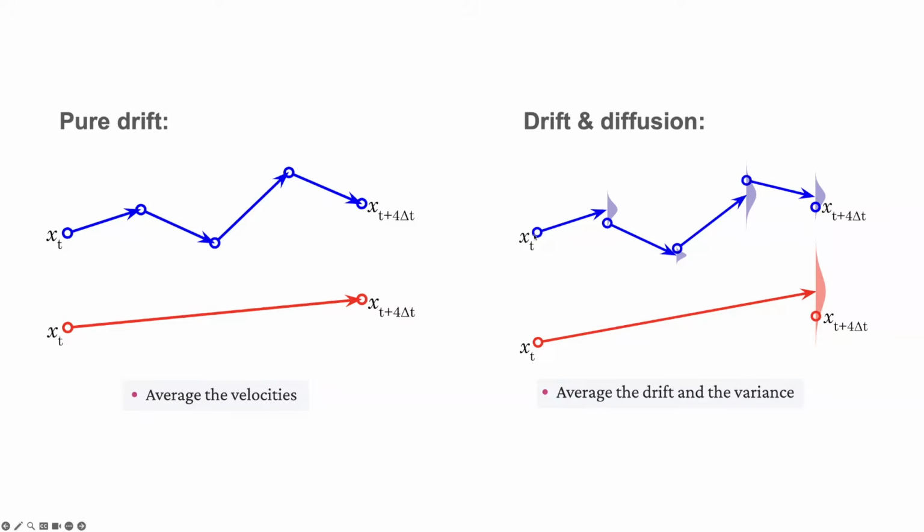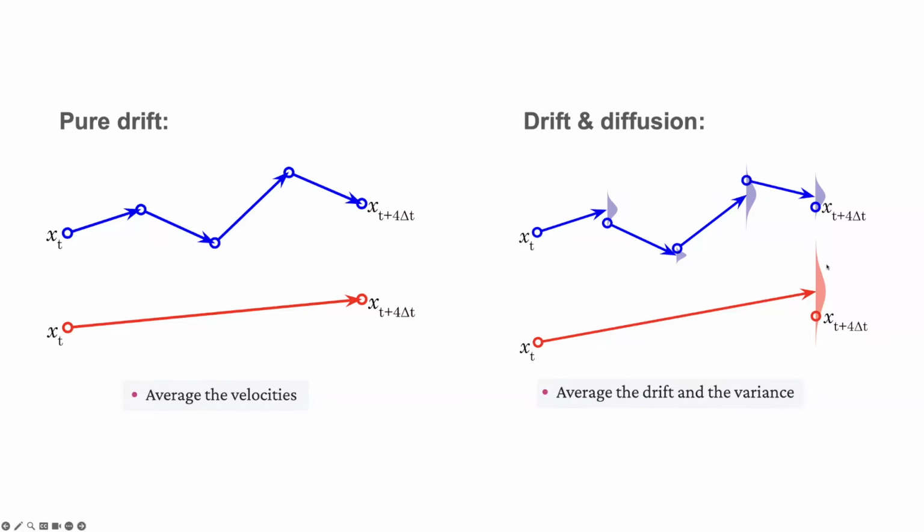If you have a drift and diffusion process, every step is a sort of drift offset and then a sample from a Gaussian distribution. And the variance of the Gaussian might be something that changes the model. And if you look at the cumulative effect, you wind up with the average of the drift vectors and a draw from a Gaussian whose variance is the sum of the variances of the component Gaussians.